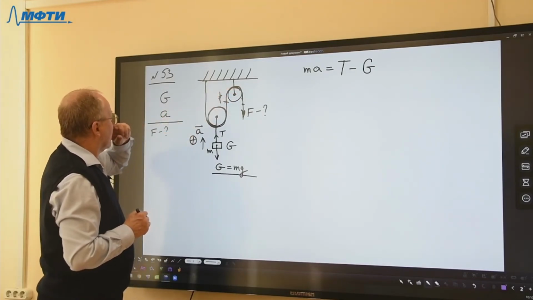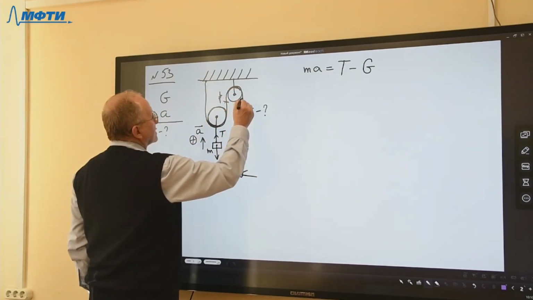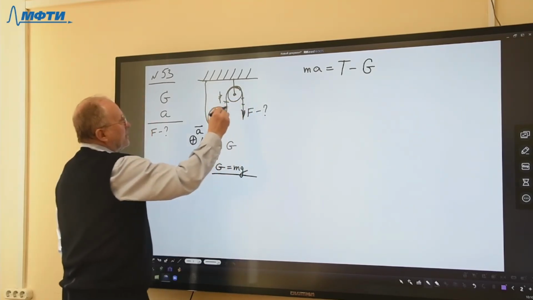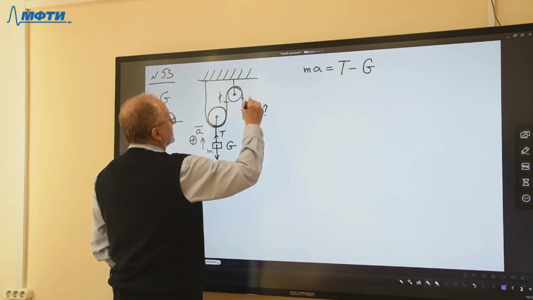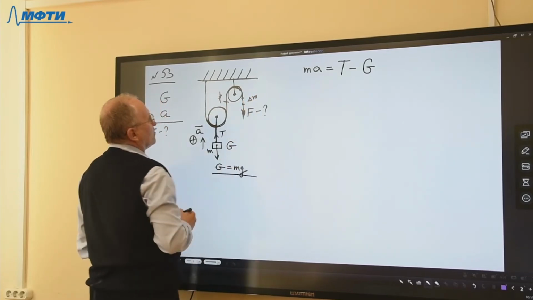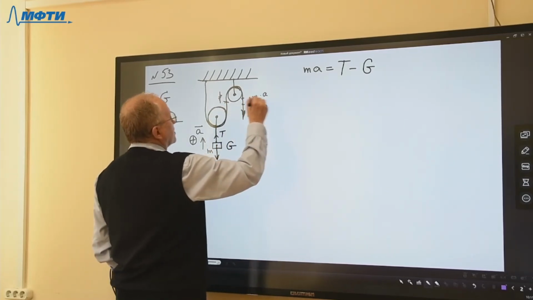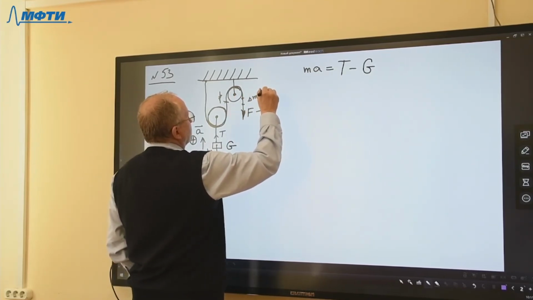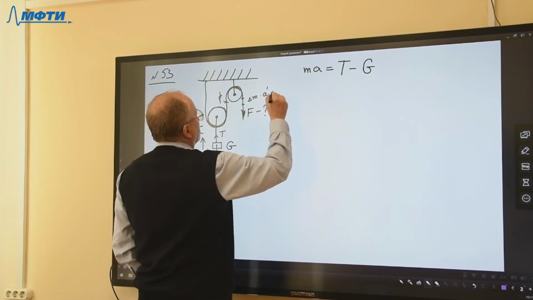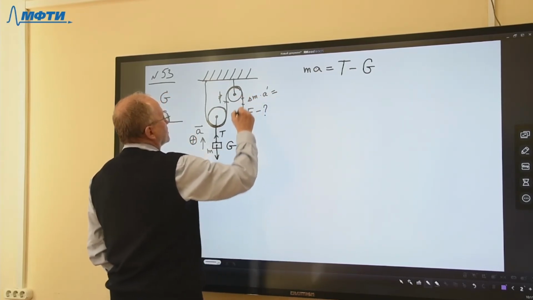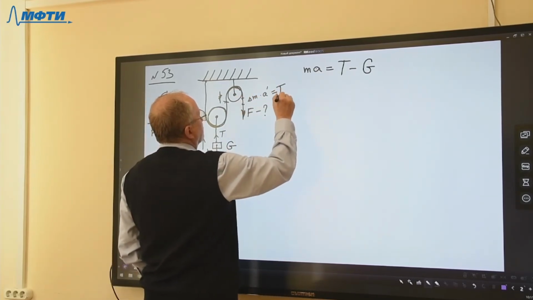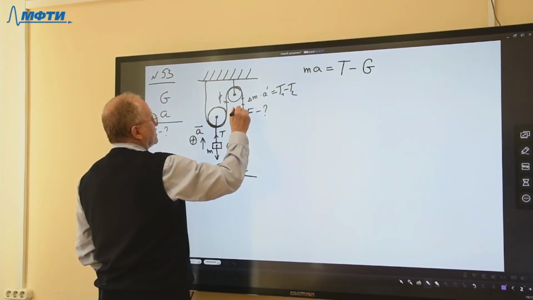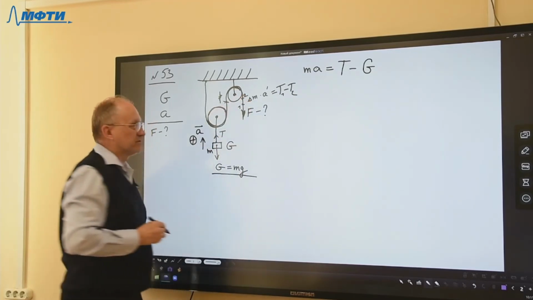And as the string has no mass, any element of the string, delta m, times the acceleration of this string, which I don't know, I will call it A prime, will be equal to the difference of two forces of tension, T1 minus T2. For example, this is T1 at this point and this is T2 at this point.